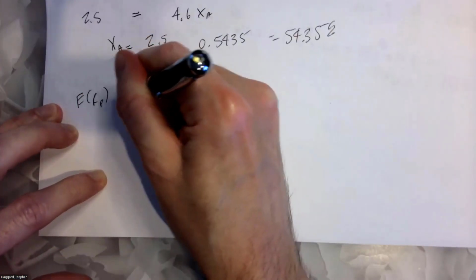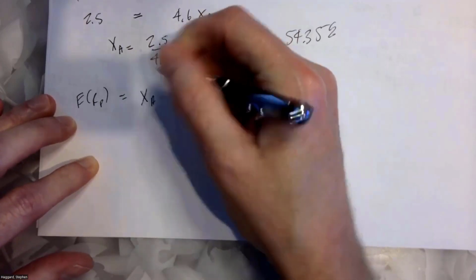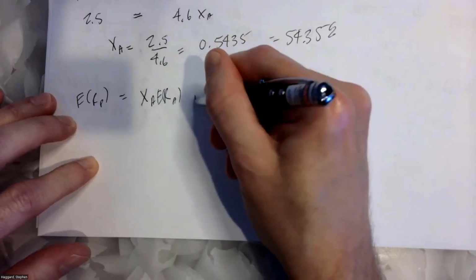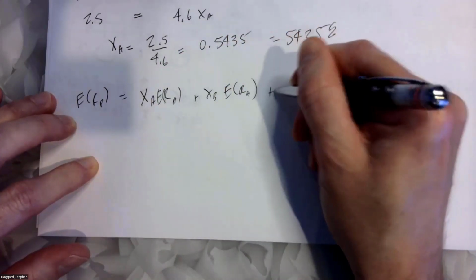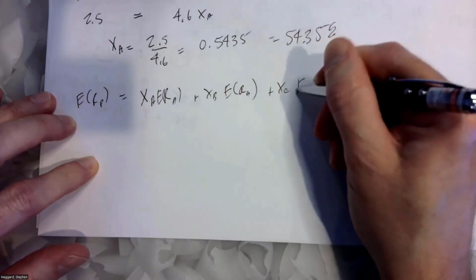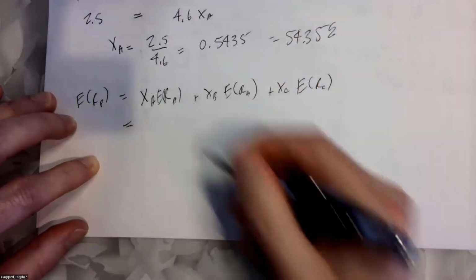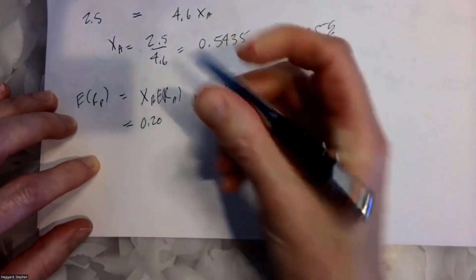I know that the expected return on a portfolio is just the weights times their expected returns. Okay, so the weight on stock A is 20%.